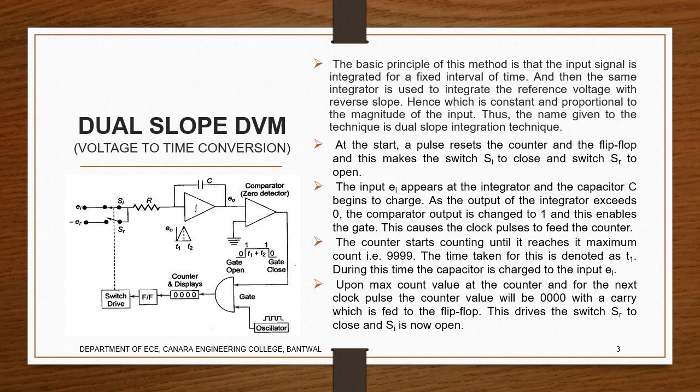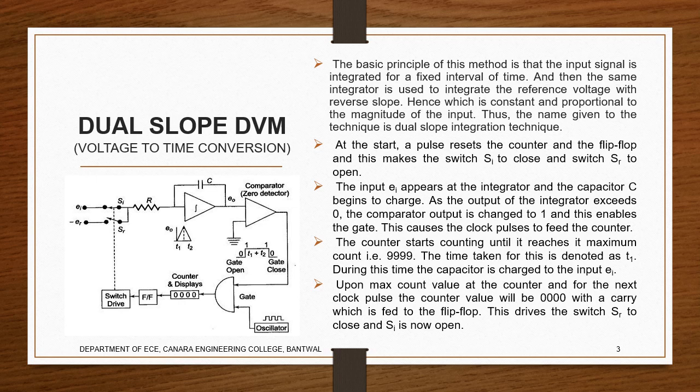When SI is on, or closed, the input voltage EI is given through the resistor to the capacitor, and together we can treat this as the integrator circuit. At this moment the capacitor starts to charge.